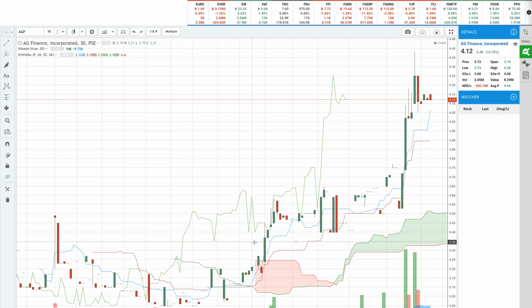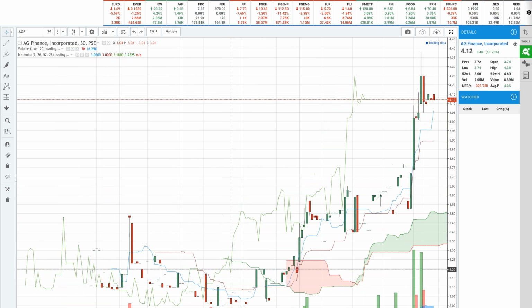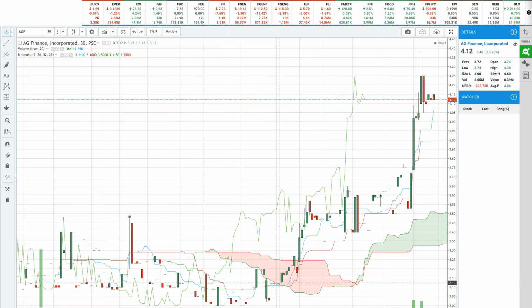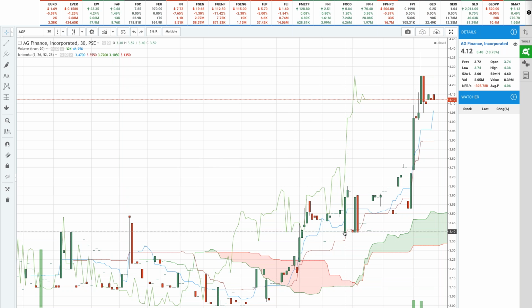So what do we see on the 30-minute chart of AGF? At this price point, it was at 311. It was bullish. The day started, yesterday started with a price of 270. So let's go to yesterday's opening.